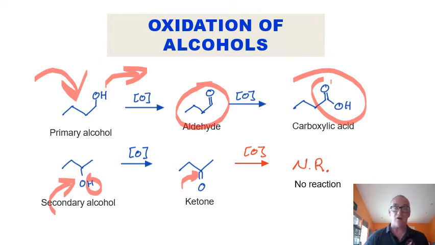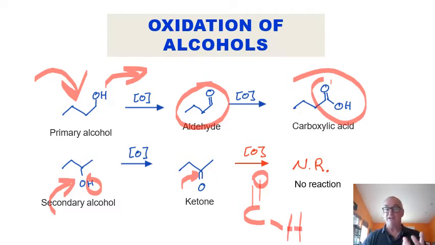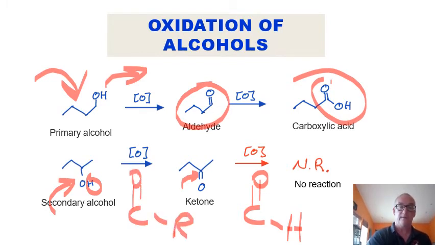Because the alcohol group is not at the end of the carbon chain. It's in the middle somewhere. And so we can't form an aldehyde because an aldehyde has to have this format. A ketone would have our carbonyl group with carbons on one side and carbons on the other.